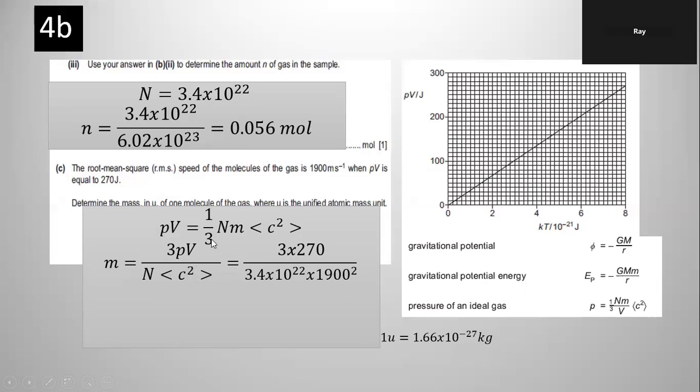Then mean square speed, so you square that. So that's in kilogram. You want atomic mass unit, so go to your data sheet. The atomic mass unit is 1.66 times 10 to the power minus 27, so you divide like that. So it's for atomic mass unit. Anything not clear? Okay.